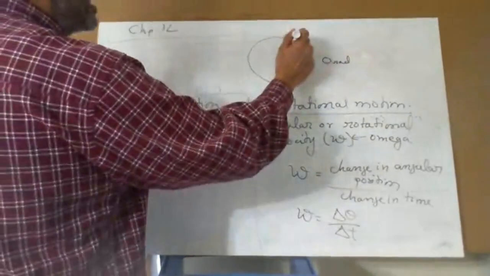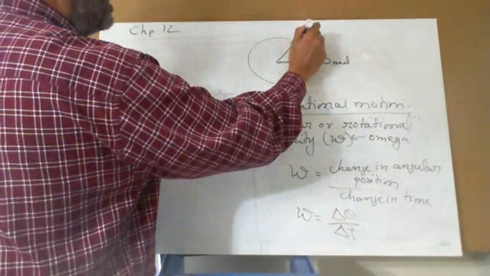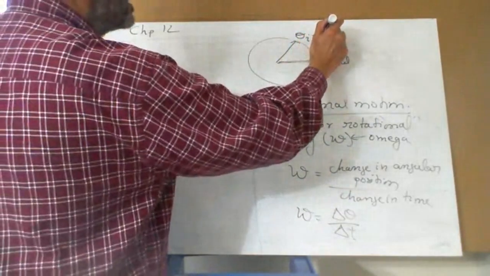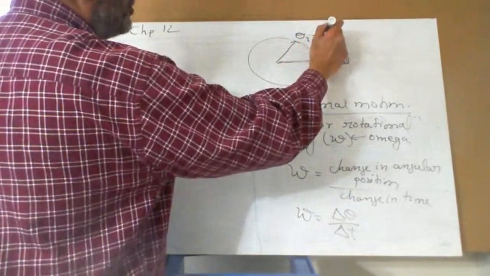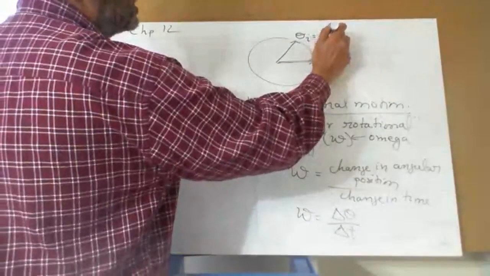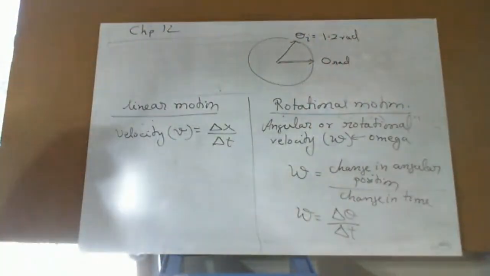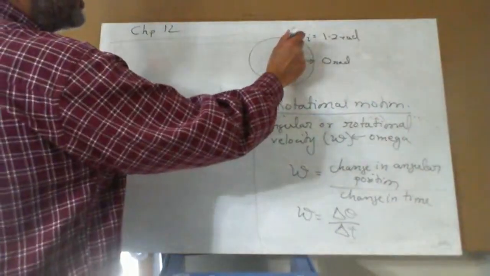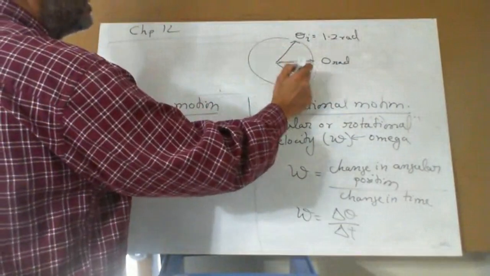So let's say the initial angular position, theta initial, is let's say 1.2 radians. Okay, the initial angular position. And then the final angular position, it goes here.